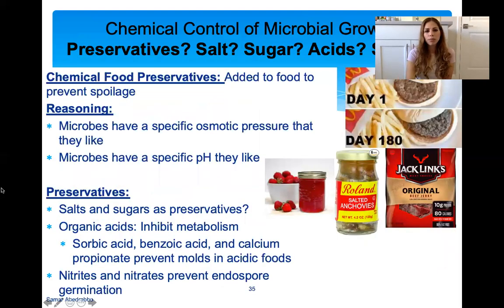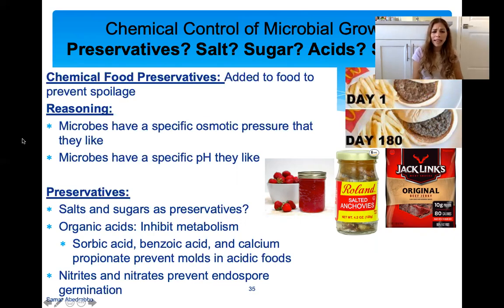Another way to control microbial growth is through preservatives. Preservatives are added to food to prevent spoilage. A lot of times we use sugars and salts as preservatives because they create a hypertonic environment. And remember, cells shrink in hypertonic environments.